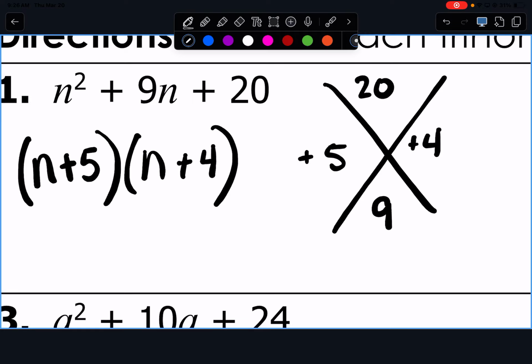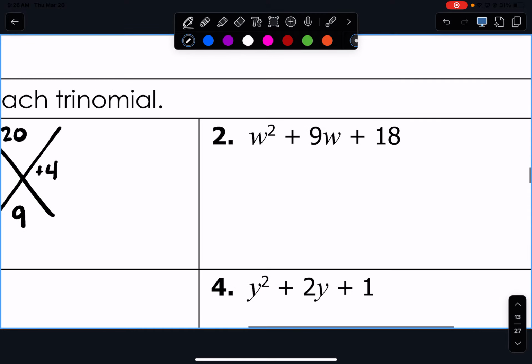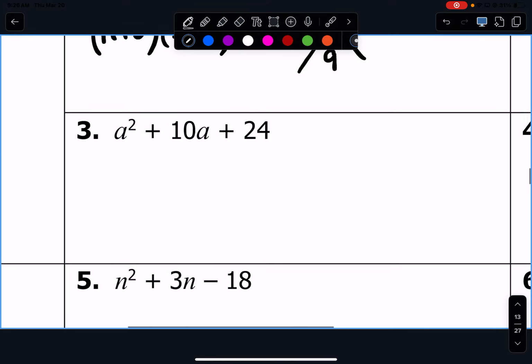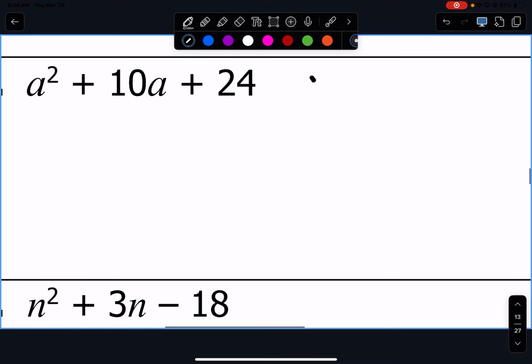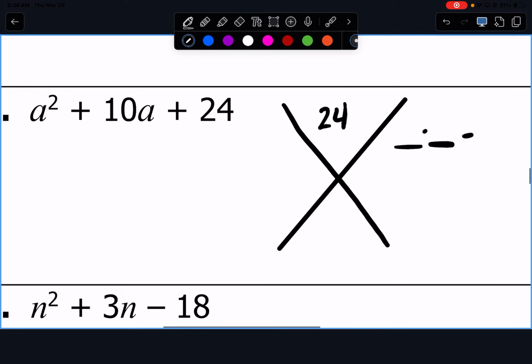All right, now we're going to look at number 3. For number 3, what is A? 1. What is C? A times C is? We have to figure out what times what gives us 24.